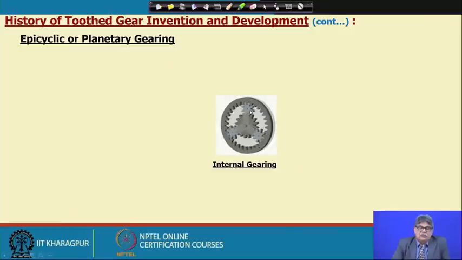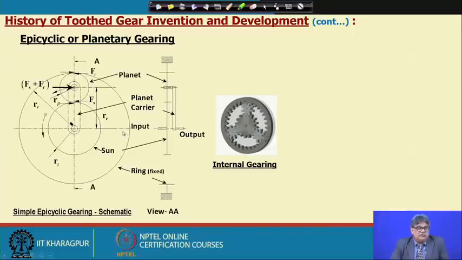It rotates about its own axis as well as about another central axis, and it is also called epicyclic gearing. In that case, for speed reduction, usually we will find the internal gear, that is the ring gear, will remain fixed, the sun will be the input, and the planet carrier will be the output.